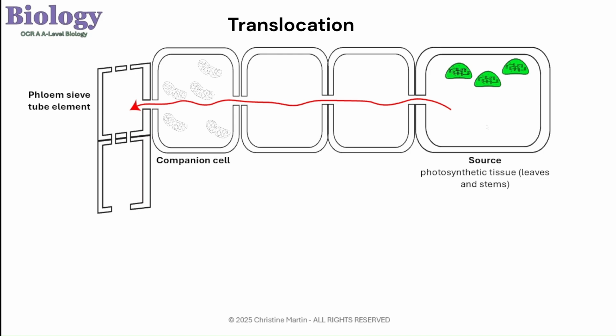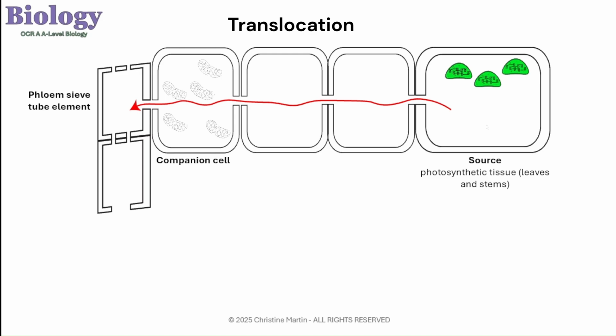So to allow transport, triose phosphate produced during the light-independent reaction is converted to assimilates, such as sucrose, amino acids, lipids. Now, we're going to focus on sucrose. So the sucrose, which is produced through the glucose and fructose phosphate being combined to form a disaccharide, can be loaded into the phloem via one of two pathways.